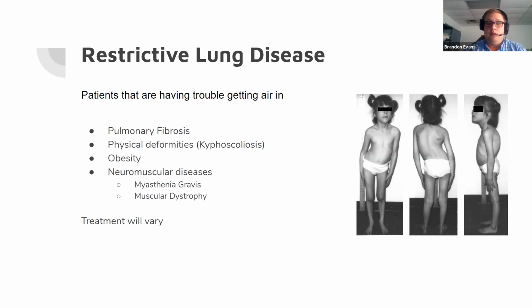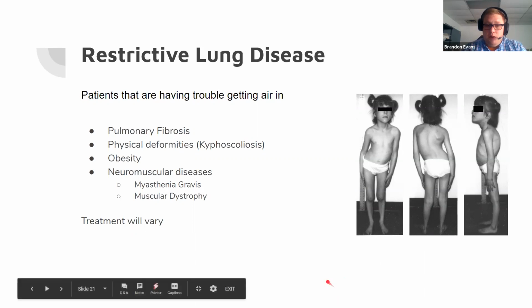At that point, you may have a limited ability to take in a nice big deep breath. And so a lot of these patients will have BiPAP or CPAP machines, or may even be on a non-invasive ventilator or an invasive ventilator through a tracheostomy.